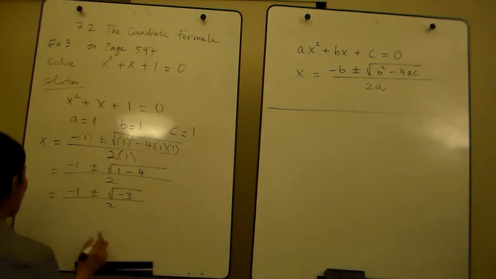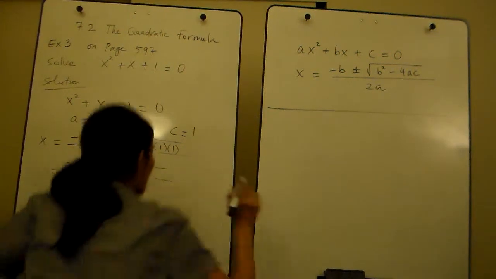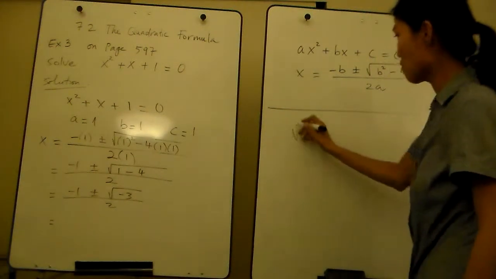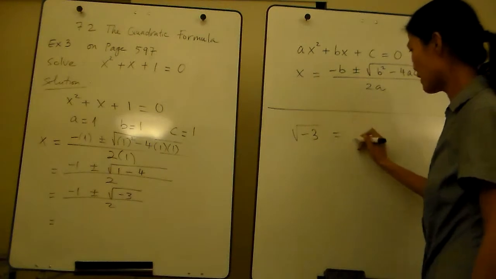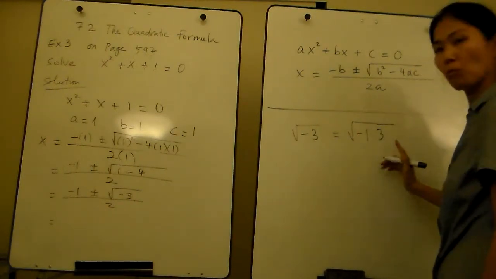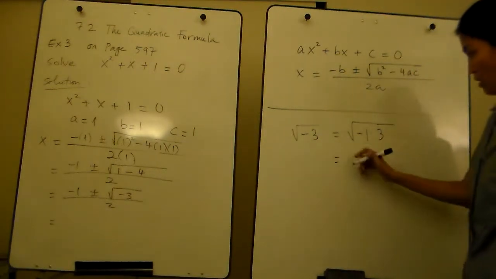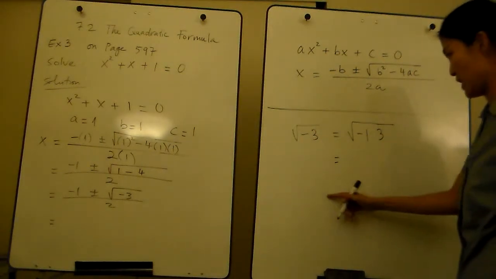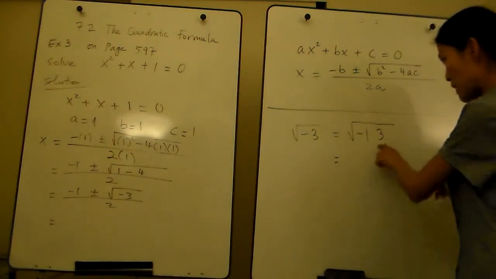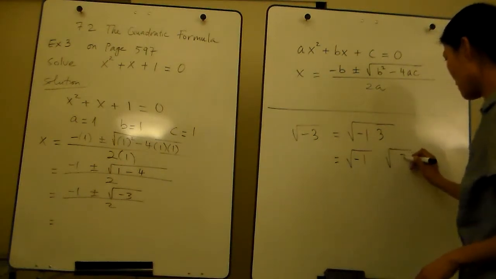We covered this in previous sections. So for this term right here, square root of negative 3, you can rewrite this as square root of negative 1 times 3. We covered this earlier, but let me simplify this for you so that you see that this is a complex number. You can split this radical into square root of negative 1 times square root of 3.